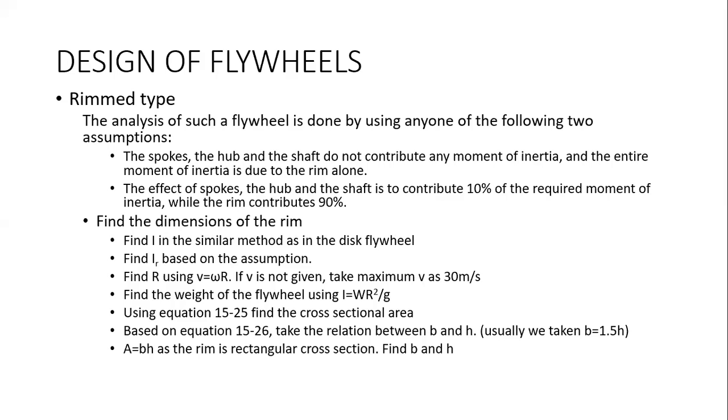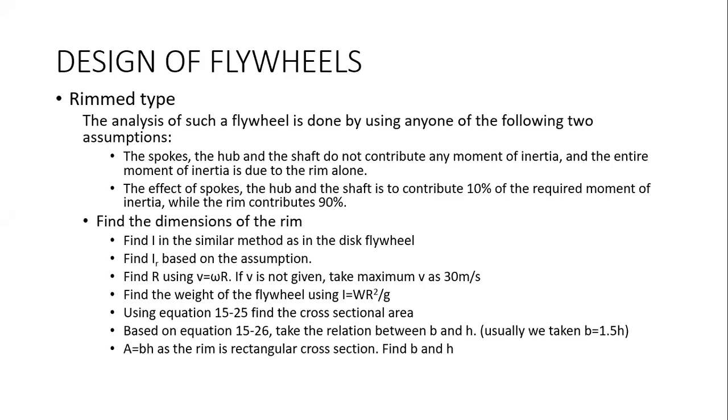So IR, if it is 100%, as I have told you, is similar to the system that we see in the disc type flywheel. Here, if I take 90%, IR will be 0.9 times I. Usually omega or V, the maximum velocity, will be given.